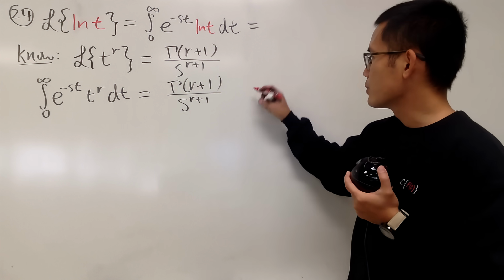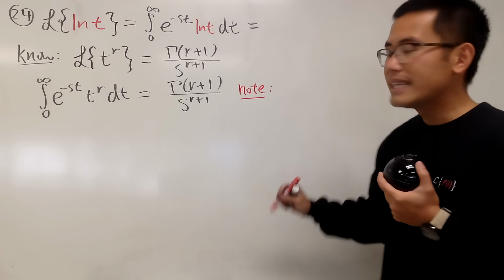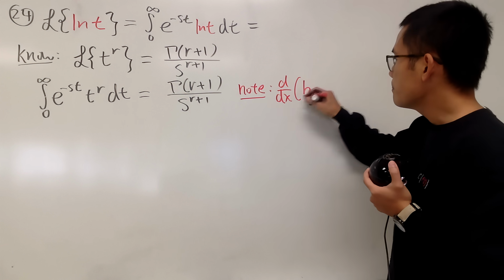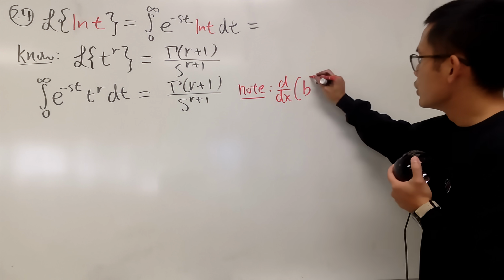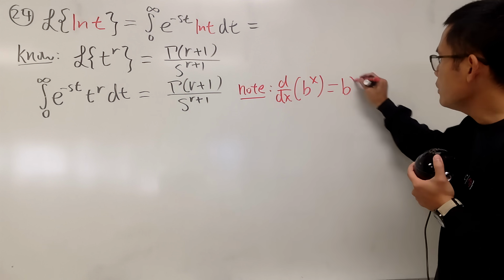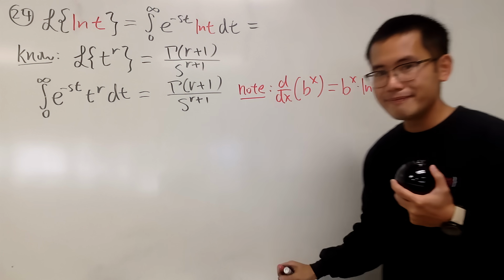Let me just put down some notes right here. So recall that if you differentiate some base b to the x power, where x is the variable, then you get b to the x times ln b. So just keep that in mind.